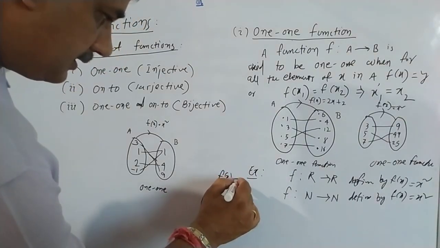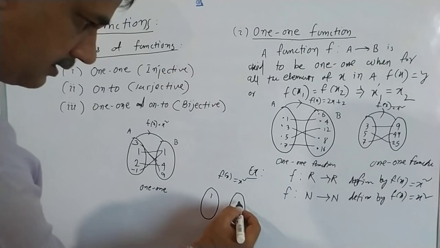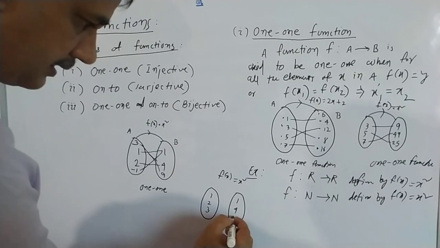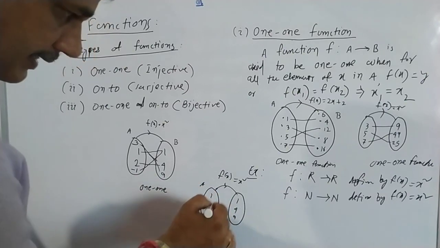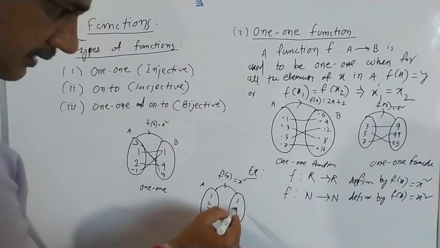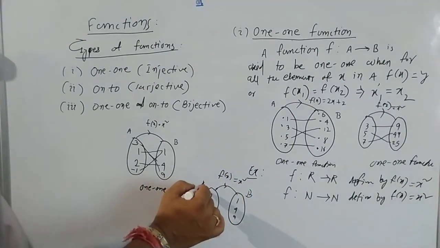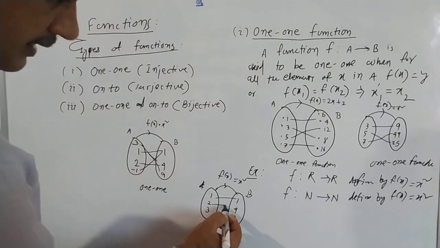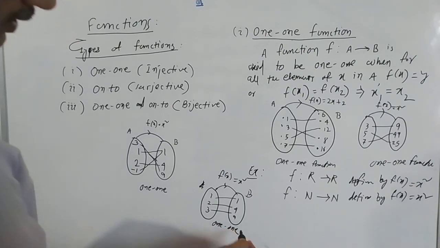f of x is equal to x square. So here natural numbers, I can write here 1, 2 to 4, 3 to 9. Whatever natural numbers I take in set A, I find the square of it, then the square must be in set B. So if A is a natural number, then its square is also a natural number. Okay, so this is also an example of one-one.